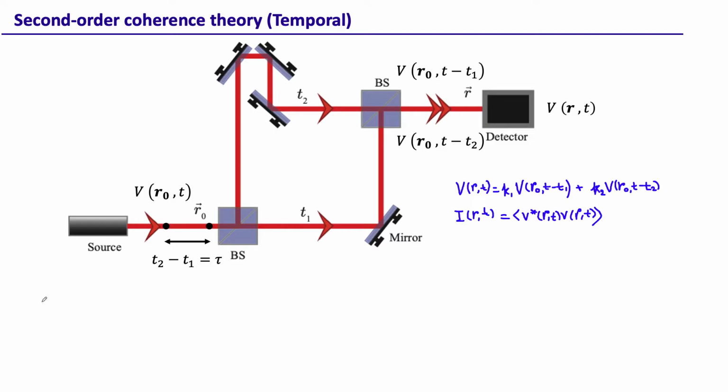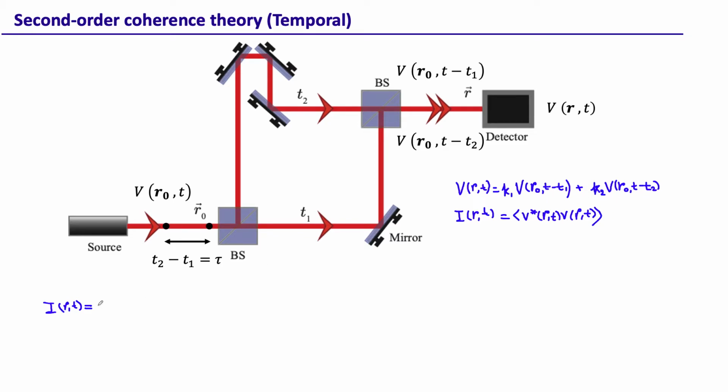If we expand it, then I(R, t) is equal to the mod square of the first term, the mod square of the second term, and then the cross term.